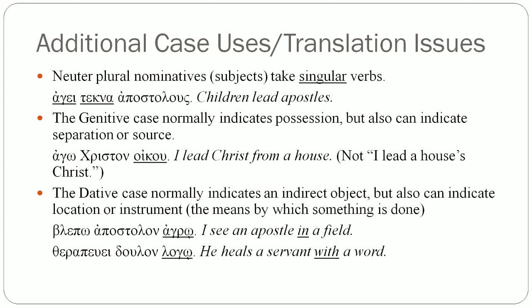It's not an indirect object. You don't say "he heals a servant to a word." Now the word is the thing that he is using to heal the servant. Jesus can heal with just a word, and so therefore he heals a servant with a word, or "by a word" would probably work too. But "with" certainly sounds the best.